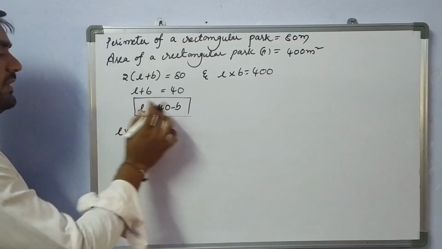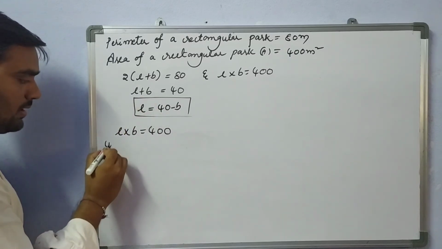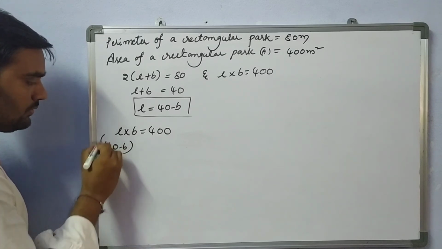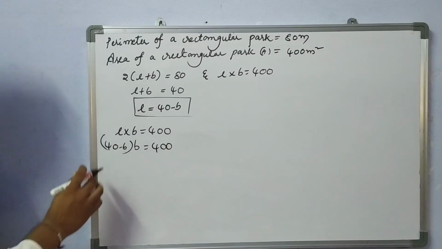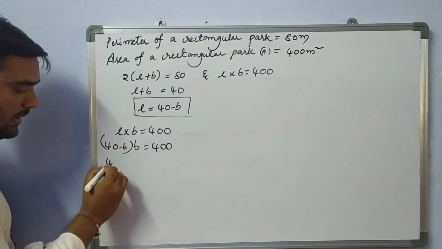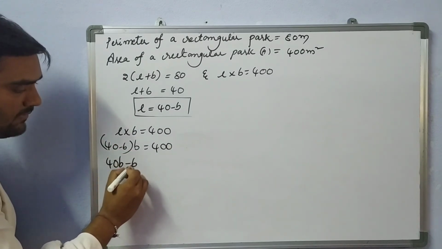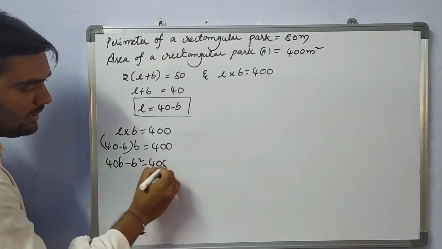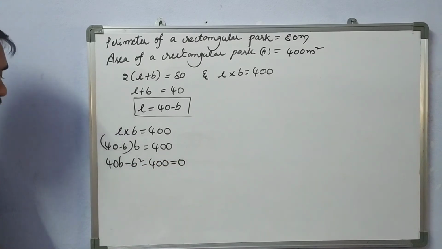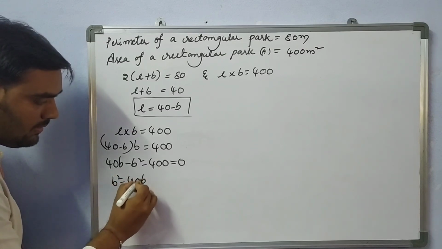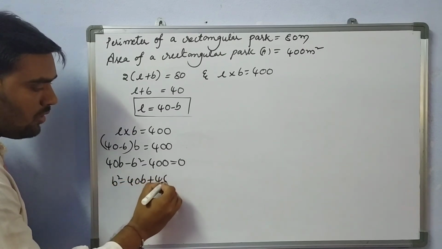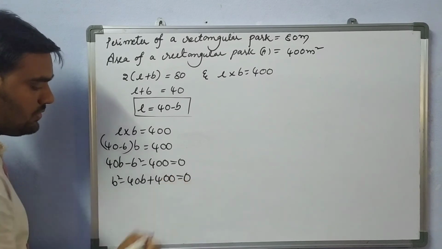In place of L, substituting 40 minus B, we get (40 minus B) into B is equal to 400. Now 40B minus B square minus 400 is equal to 0. So this can be written as B square minus 40B plus 400 is equal to 0.